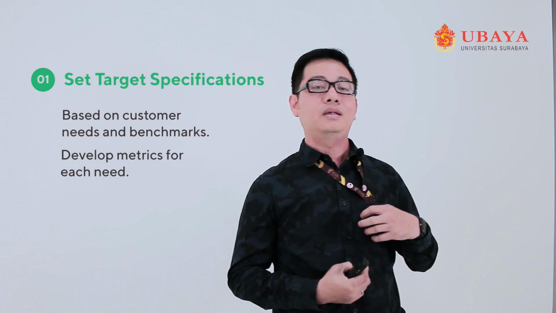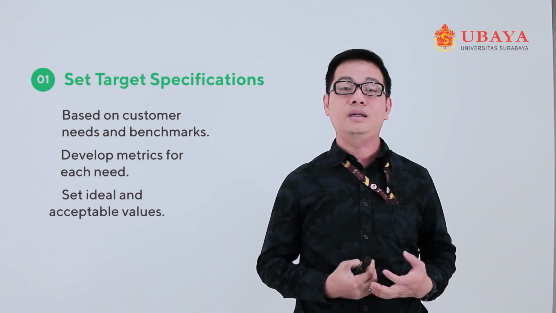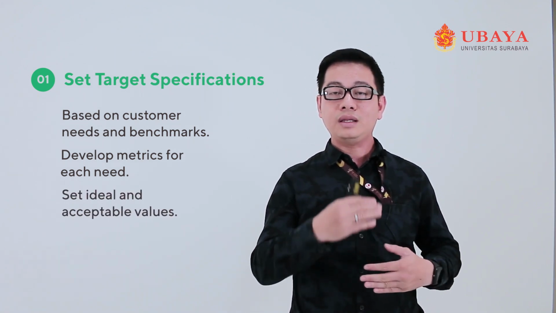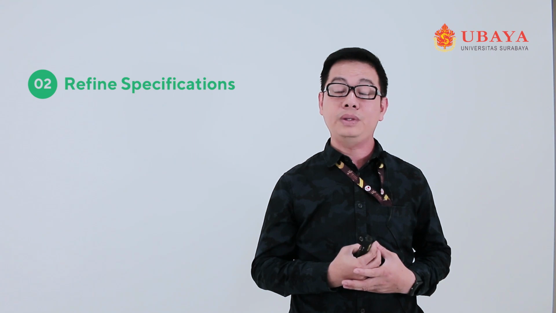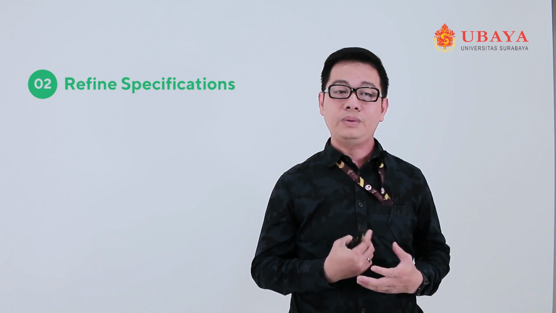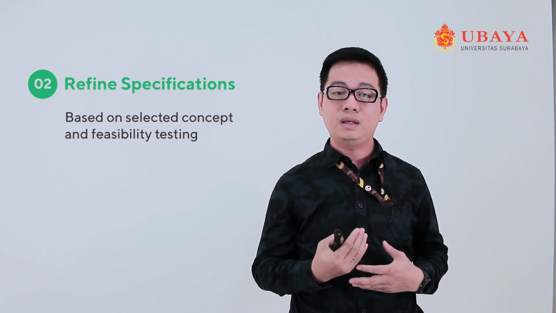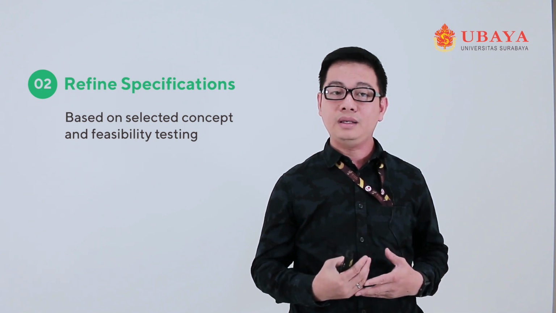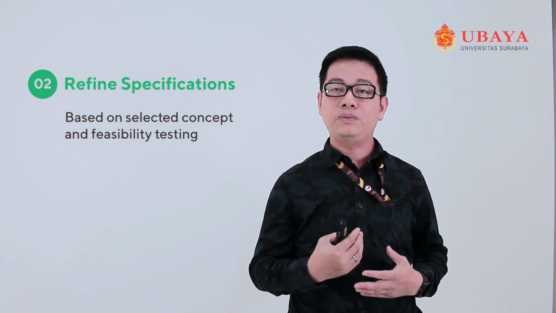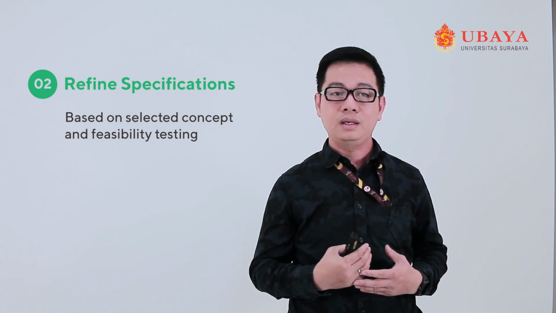And then the next one is to set the ideal and acceptable values. So I think the first step of the product spec process is very critical. Afterwards, we follow by refining specifications. What is done in refining the specifications? The first is, based on the selected concept and feasibility study or feasibility testing, we try to find the constraints.